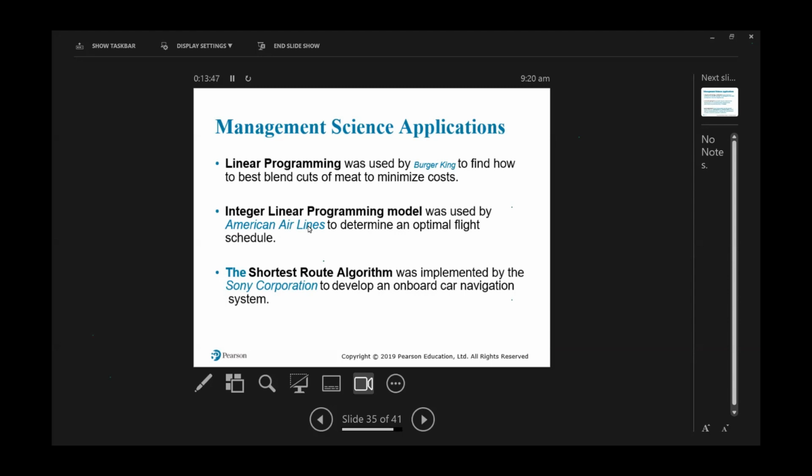Integer programming was also used by American Airlines in order to determine the optimal flight schedule that can help you to maximize profit. There's a technique that we call the shortest route algorithm. It was used by Sony to develop an onboard car navigation system.